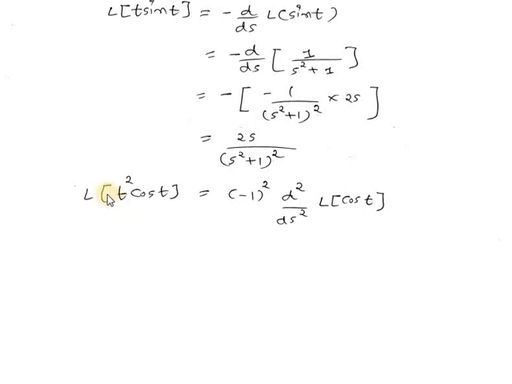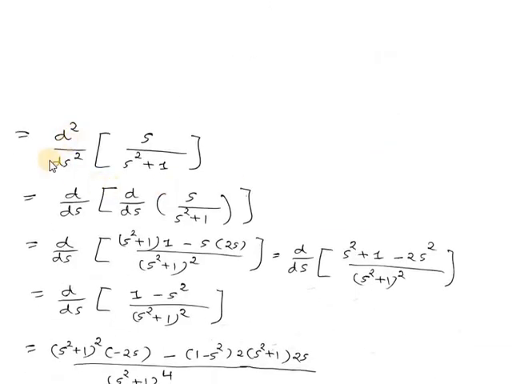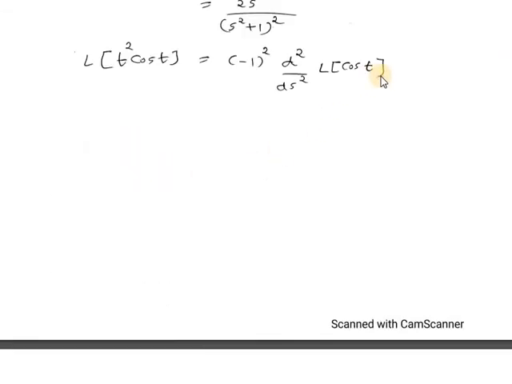Now we will find out Laplace transform of t square cos t. So this is equal to minus 1 whole square d square divided by ds square Laplace of cos t. So this is d square divided by ds square of Laplace of cos t.